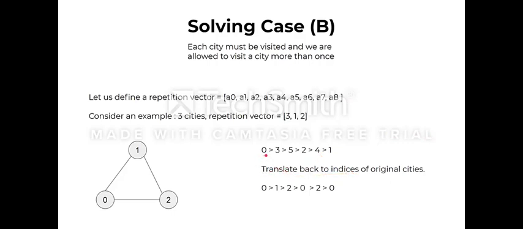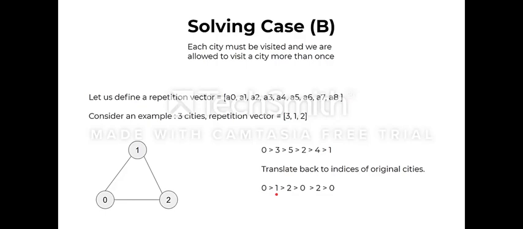The indices 0, 1, and 2 correspond to the original city 0. The indices 4 and 5 correspond to the original city 2, and the index 3 corresponds to city 1. If we translate these indices, then we get this particular path. In this path, we can see that the 0th city is visited exactly thrice, the second city is visited twice, and the first city is visited exactly once.